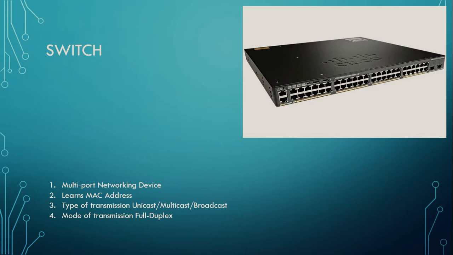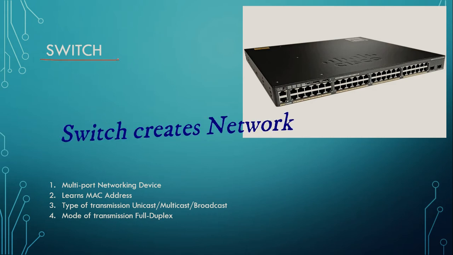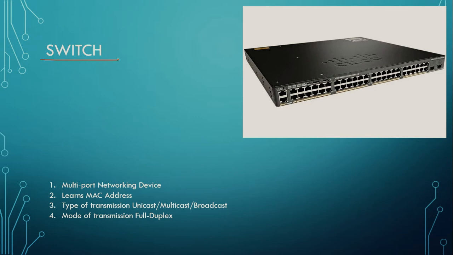But there is a way to cope with this situation by the use of switch. This device learns the MAC address after the first transmission via ARP. I've already done a video on ARP, you can go and have a look at it. It only forwards the information to the destination.